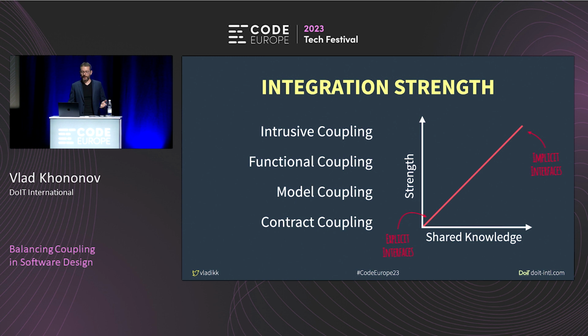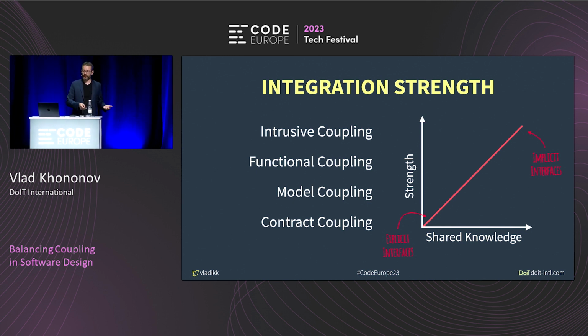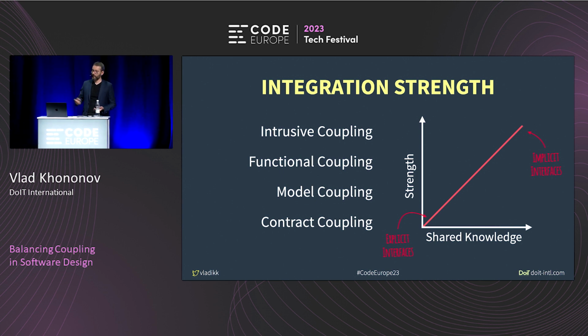Functional coupling reduces that knowledge from how to what is being implemented. Model coupling reduces that knowledge to the model of the business domain that is being used by the coupled components. And contract coupling minimizes the interface to bare minimum that is actually needed for integration.